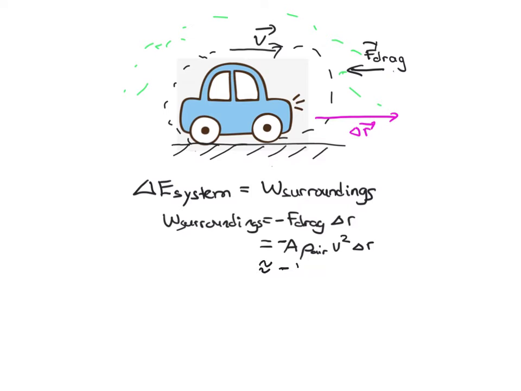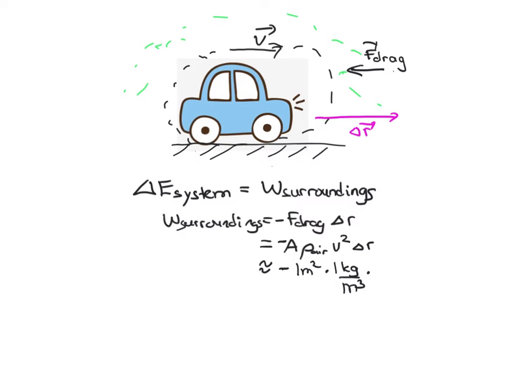Let's just say that ballpark, the cross-sectional area of a car is on the order of 1 meter squared. And the density of air we know is 1.2 kilograms per cubic meter, but again, this is such a rough calculation, I'm just going to call that 1 kilogram per cubic meter. And let's pick a speed.